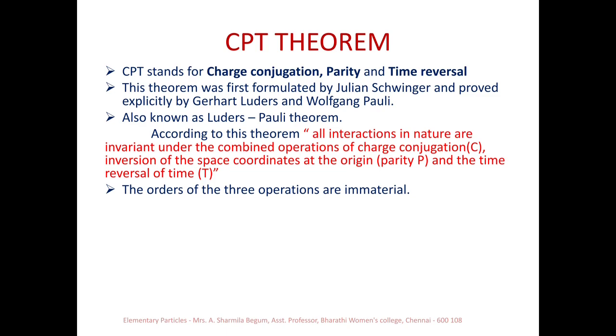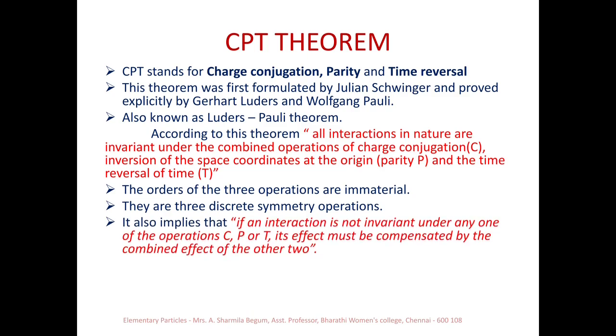You can do any operation first followed by another one. So you can do C first, then T, and then go for P, or do P first, C second, and then T. The orders of these operations are completely immaterial because they are discrete symmetry operations.